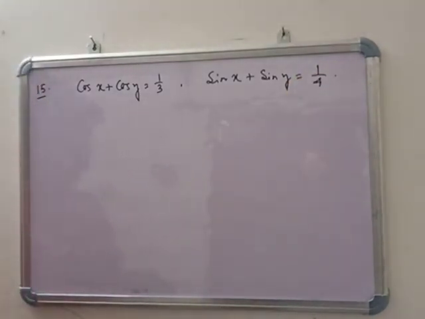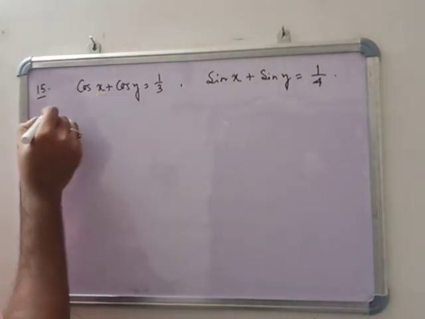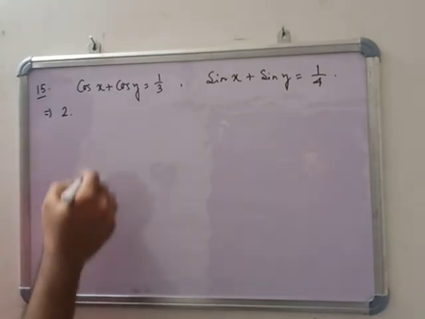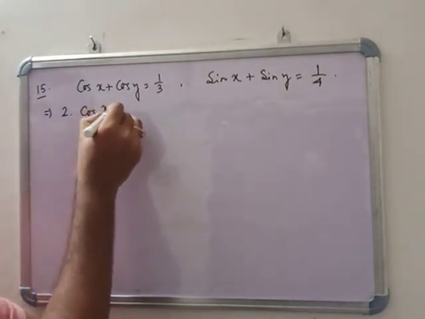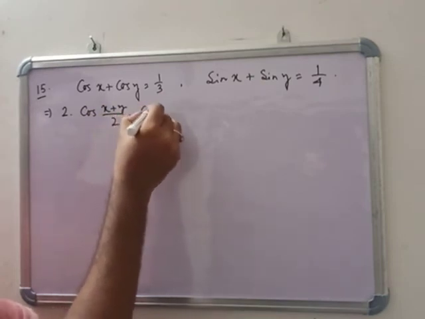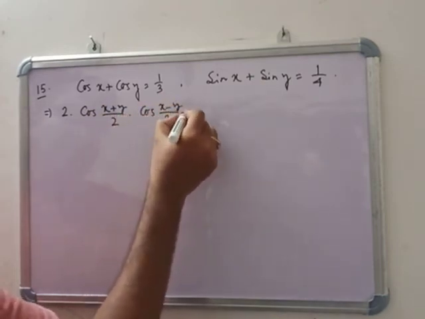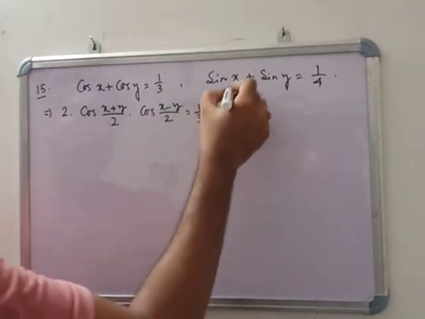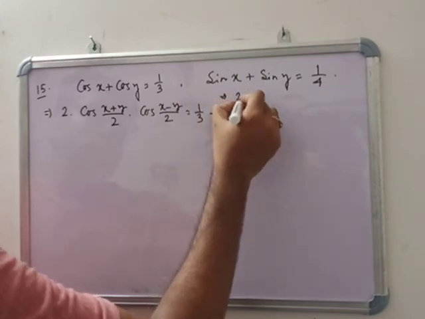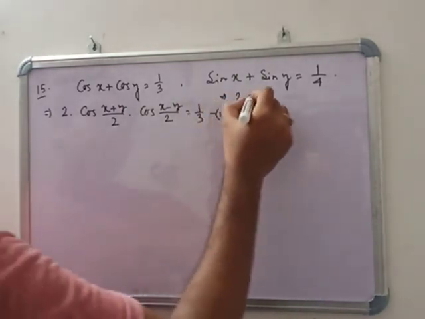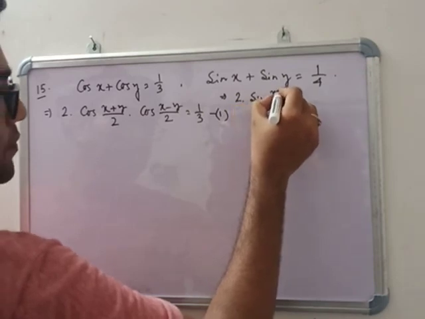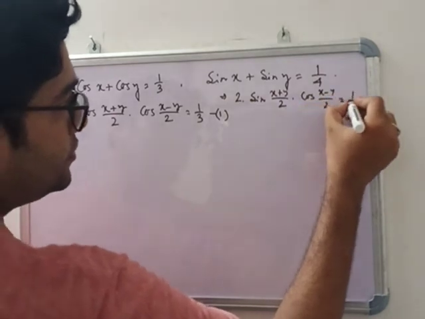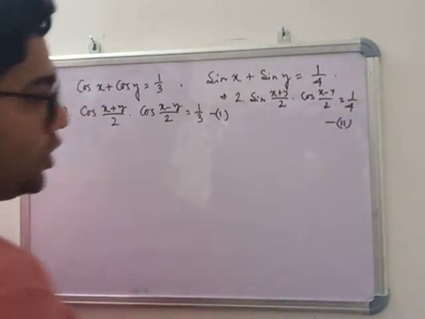So that means we can write here cos C plus cos D, that means 2 of cos x plus y by 2 into cos x minus y by 2 equals to 1 by 3. This is number 1. And this is 2 sine x plus y by 2 into cos x minus y by 2 equals to 1 by 4. This is number 2.